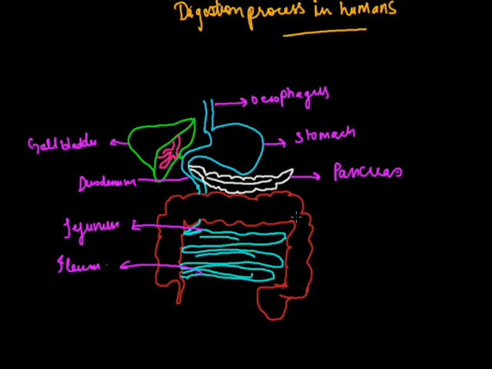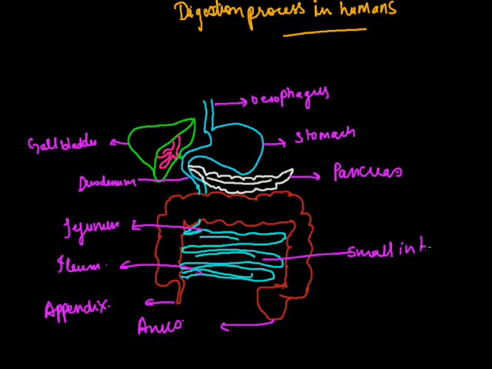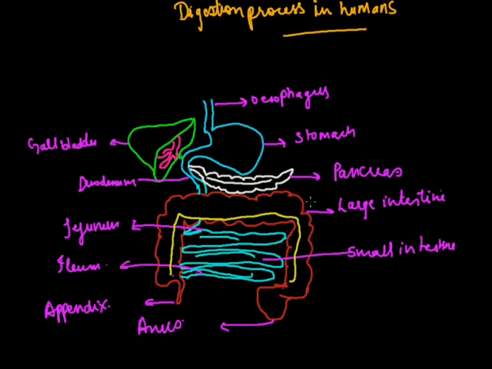Now, this was the stomach, this is the large intestine, and this is the jejunum and ileum. This portion is called the appendix, which is a vestigial organ. This is the anus. This one is the small intestine. This one is the large intestine. Now, this is the transverse colon.